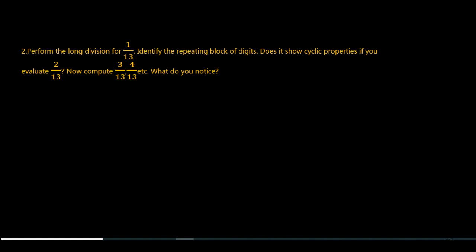So how to do? 1 by 13, you cannot divide, so put the decimal point. So 0, again you cannot divide, then one more 0. Like this, you will get 7 times 13 is 91. Then one more 0.